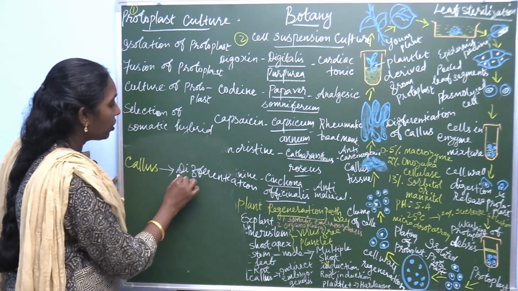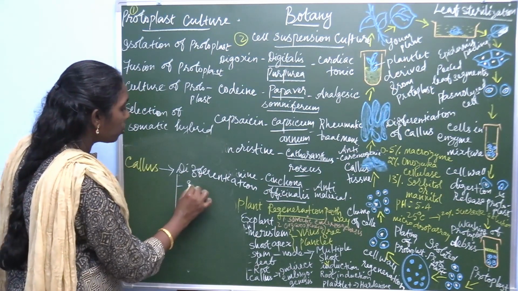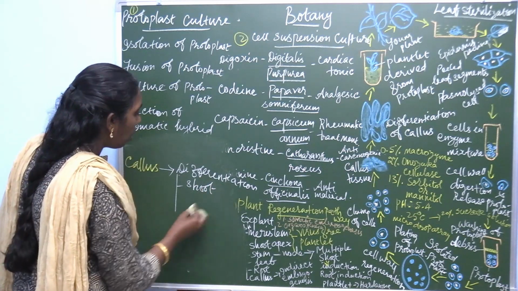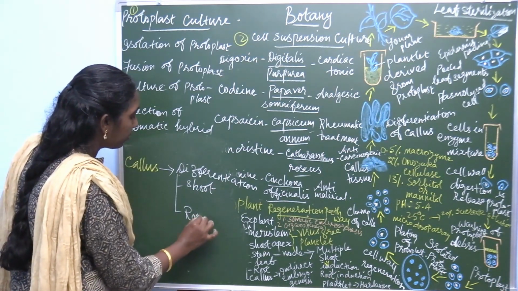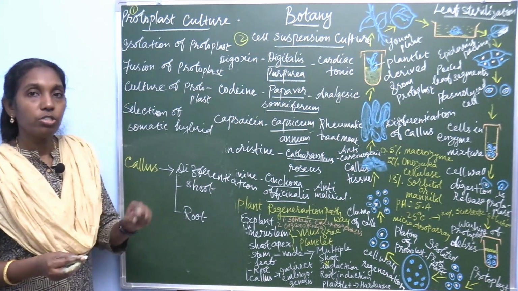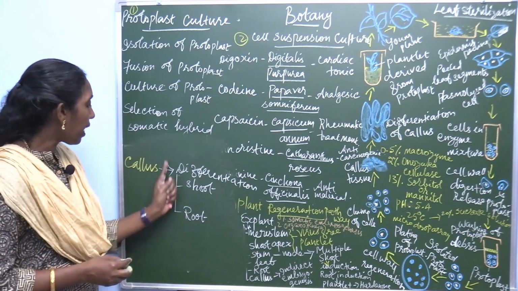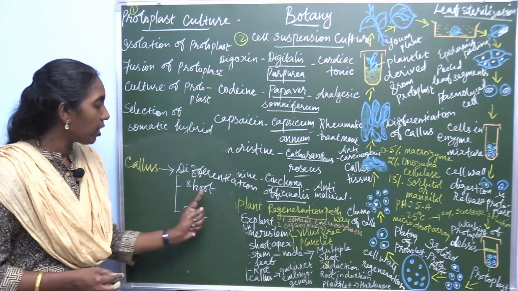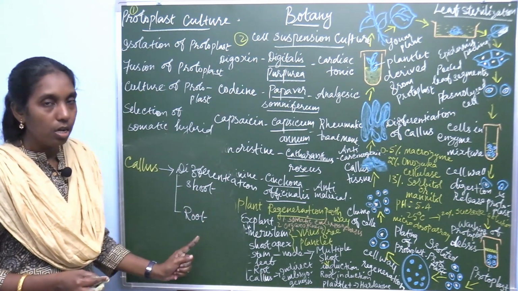It may be differentiated into either shoot or root. So organogenesis is the formation of this callus, and from the callus, it differentiates into either shoot or root.